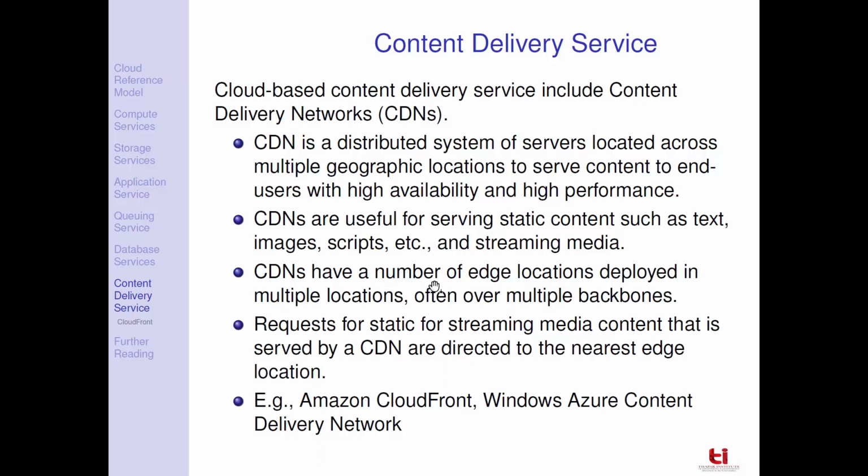CDNs have a large number of edge locations deployed in multiple locations, often over multiple backbones. Let us try to understand this. The network can be broadly classified into 3 layers based on the geographical distance.